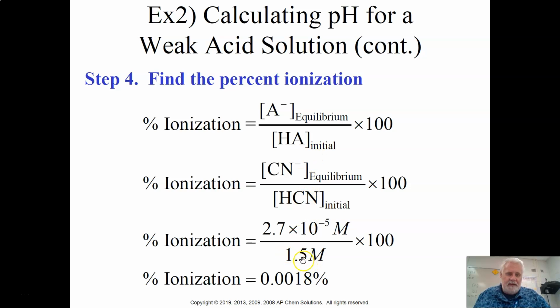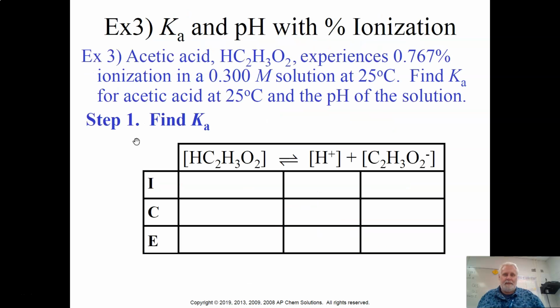So we know that the initial concentration was this, and the wimpy little cyanide concentration was that. Divide them out, watch your sig figs, you get a percent of 0.0018. Remember, you are multiplying by 100 because of the percents when you're doing these problems.